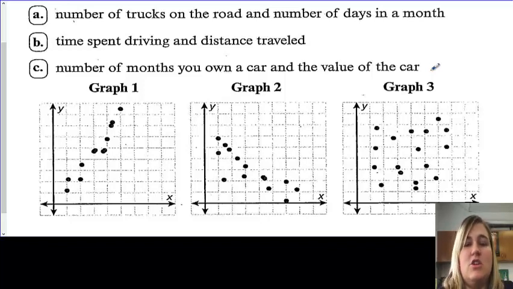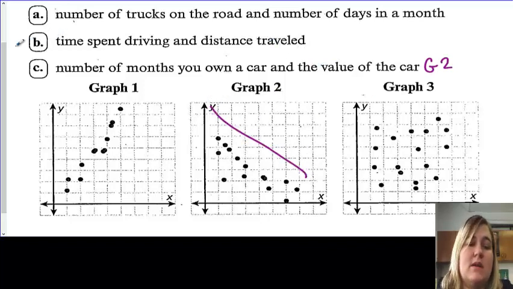You don't get as much out of the car as you put into the car. It's worth more when you get it, and then it's worth less when you sell it. That would be graph 2. So I know that the number of months you own a car and the value of the car goes with graph 2 because that is a negative correlation.